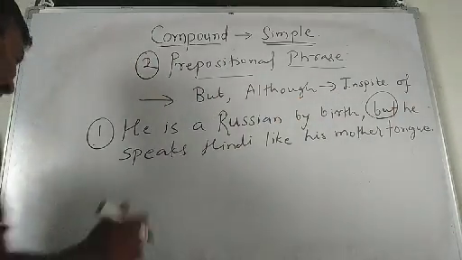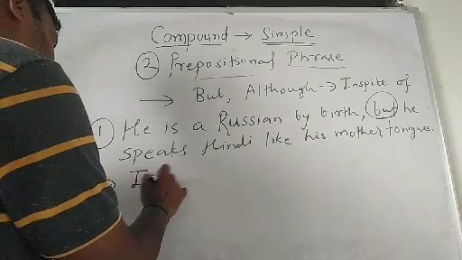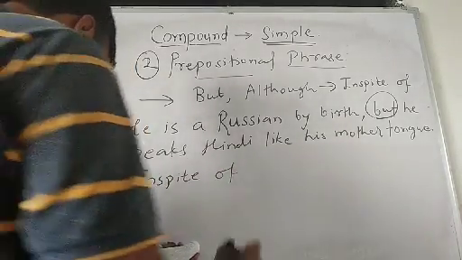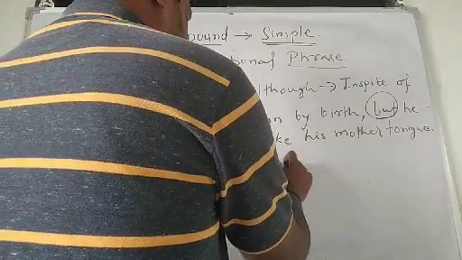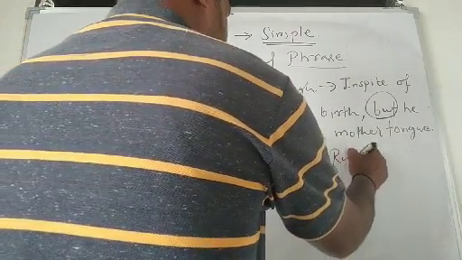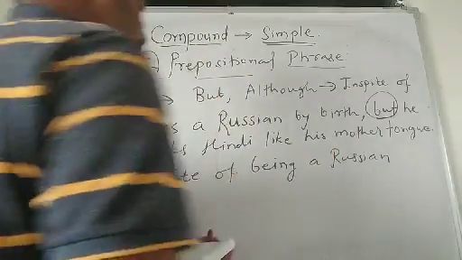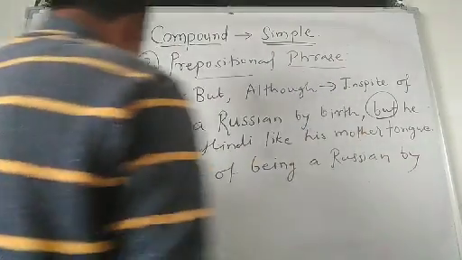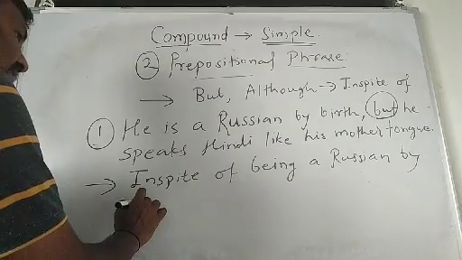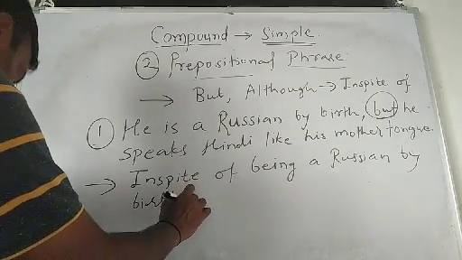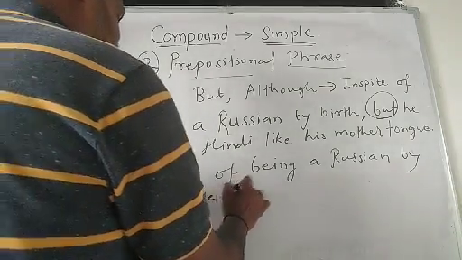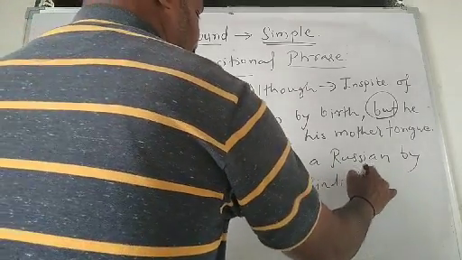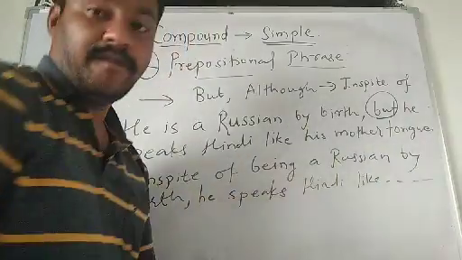So we can start the sentence with in spite of, and our sentence becomes: in spite of being a Russian. In spite of being a Russian by birth, he speaks, the remaining part of the sentence will be the same, he speaks Hindi like his mother tongue.